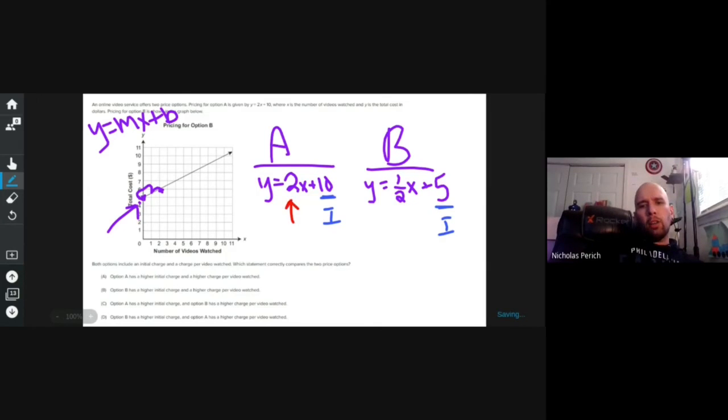That is how much I charge per video, per game. Option A has a higher charge per video watched, which is true. Everything's higher for A. That was easy.